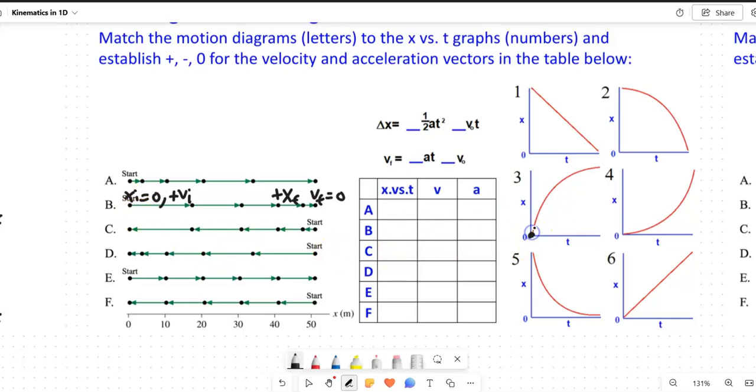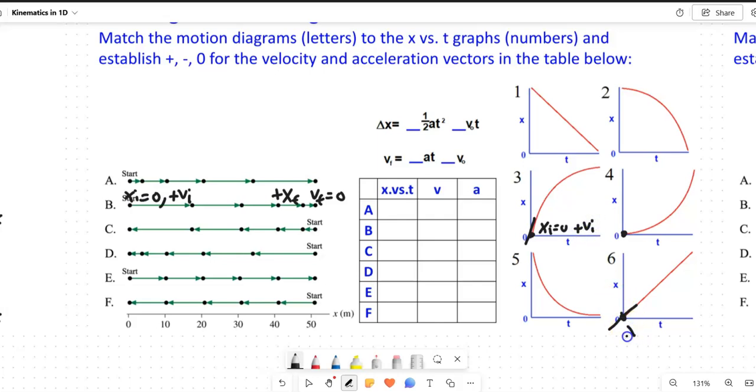So we're looking for something that starts out right at the origin. So we have this that starts out at the origin, with an initial position of 0, and we have this one. We're looking for something that has a large positive velocity. So this one has a positive initial velocity vector. And this one has a positive initial velocity vector. So xi equals 0, but you have a positive initial velocity vector.